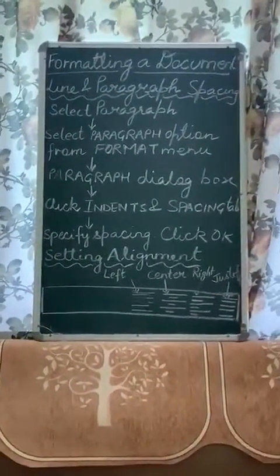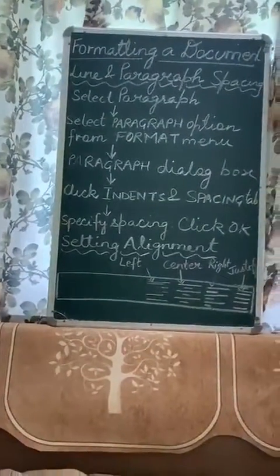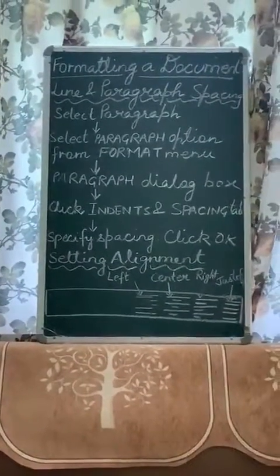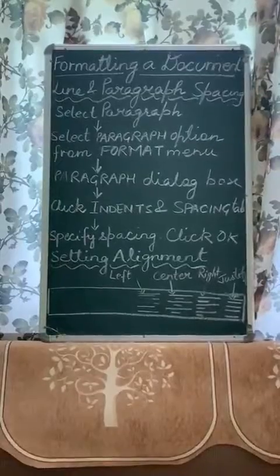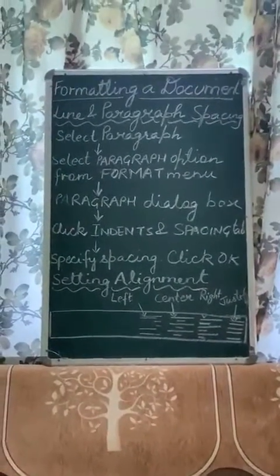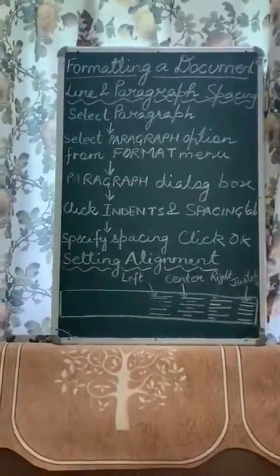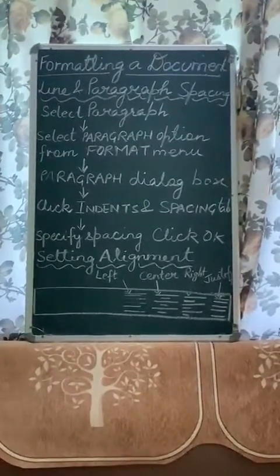So from there also you can specify the alignments. Basically children, these alignment options help to make your paragraph or your document look attractive and presentable. Depending on the requirement, you are able to set your data in your document.